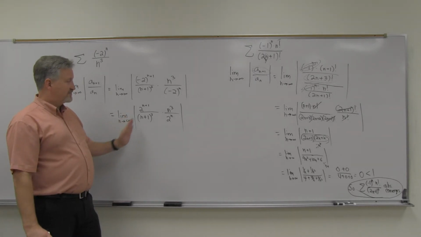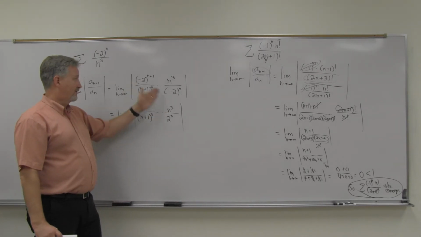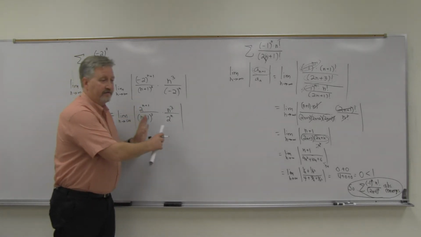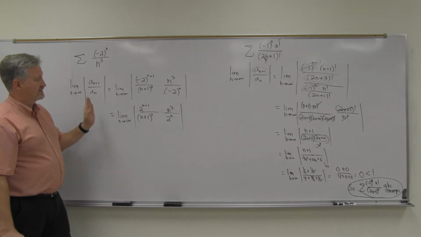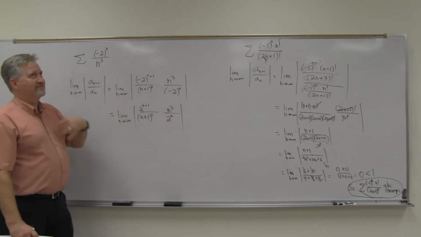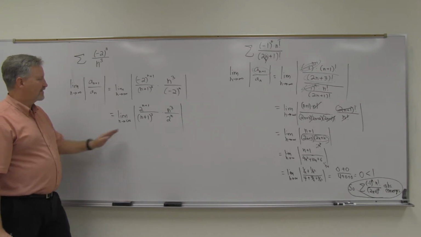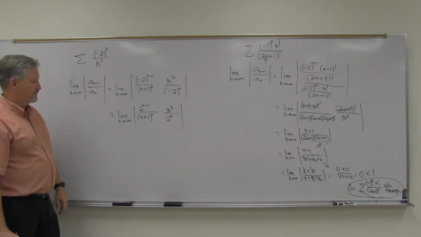But once we get rid of those alternating signs, there's not going to be any negative terms. So we could technically get rid of the absolute value, but it's good practice to leave those in because of what we'll have to deal with in the next unit. But technically we could take those out at this point altogether.